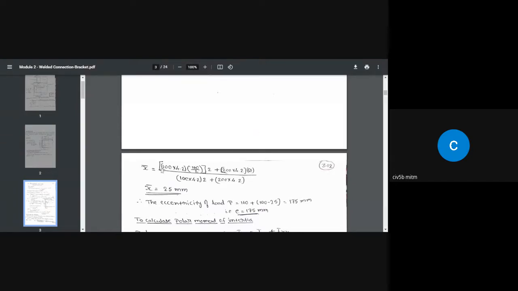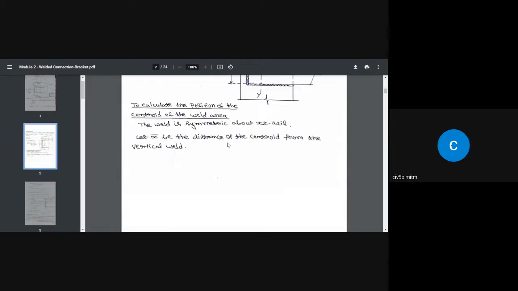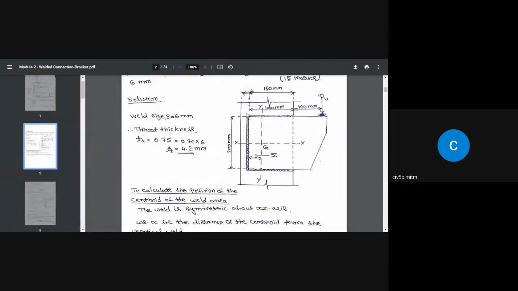So x bar equals 100 multiplied by 4.2 multiplied by 100 by 2. Here 100 multiplied by 4.2 is the throat area, and the centroid of the throat area is located at a distance of 100 by 2 from this vertical axis.